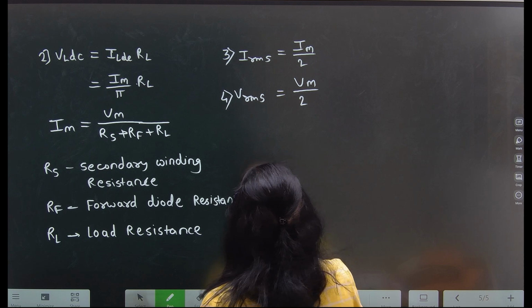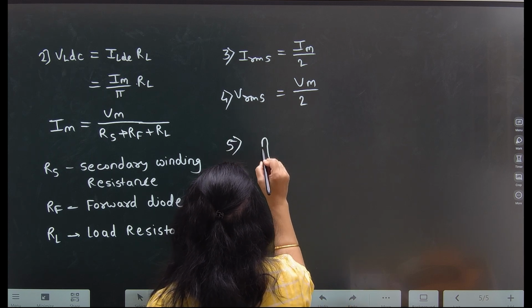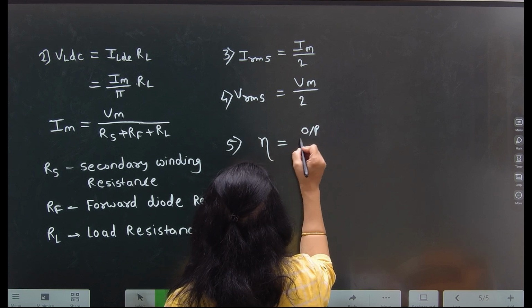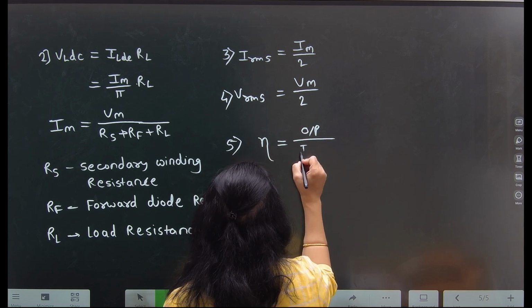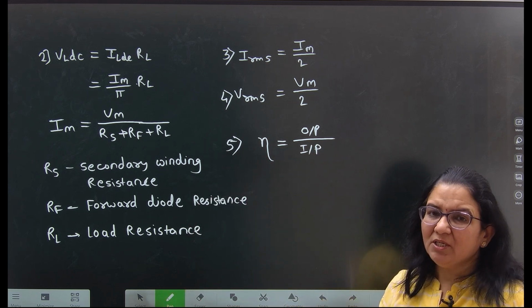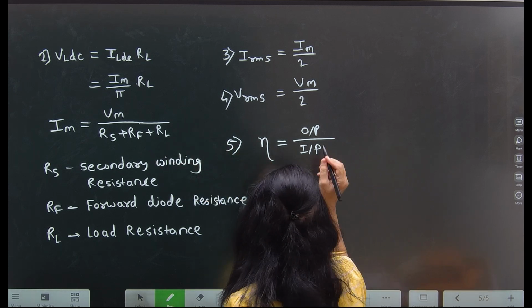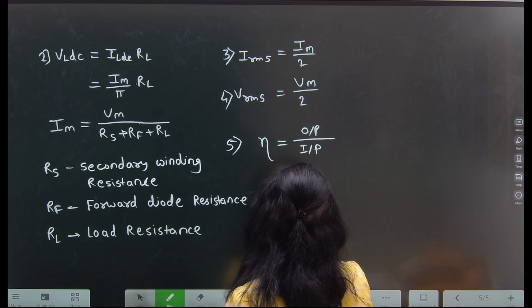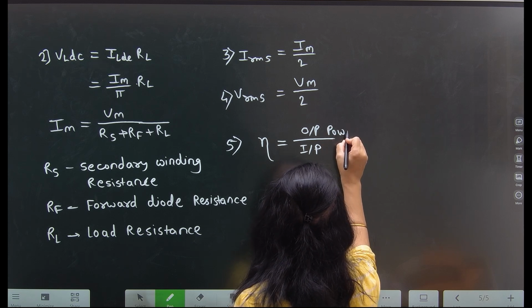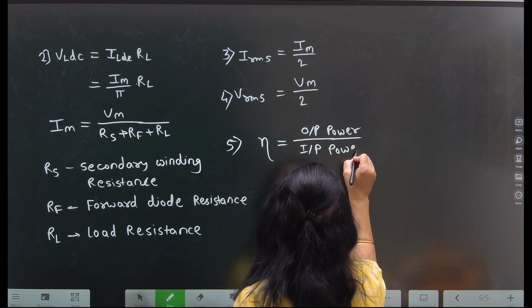Then rectifier efficiency. In any case, efficiency is nothing but the ratio of output divided by input, output power divided by input power. So rectifier efficiency is the DC output power divided by input power.